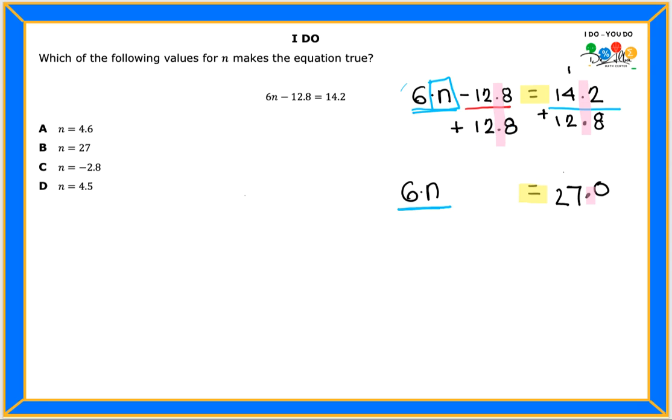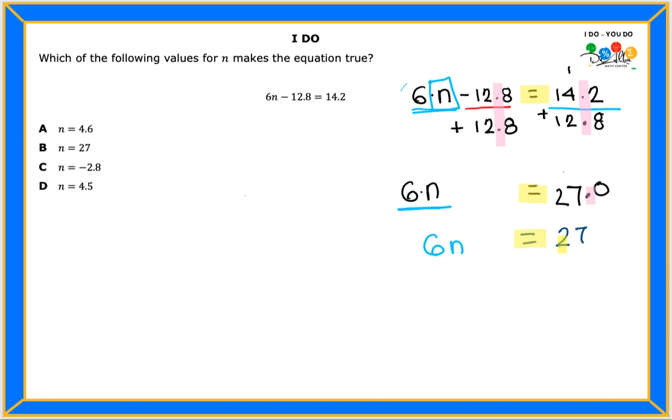So then now I just have this. And I'm going to write it like this. 6n equals 27. Remember, we keep this balance with the equal sign on both sides. And now I have 6 n's equals this.